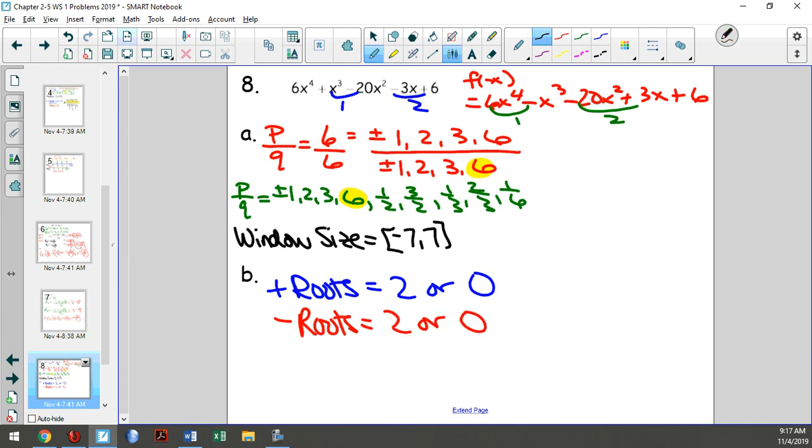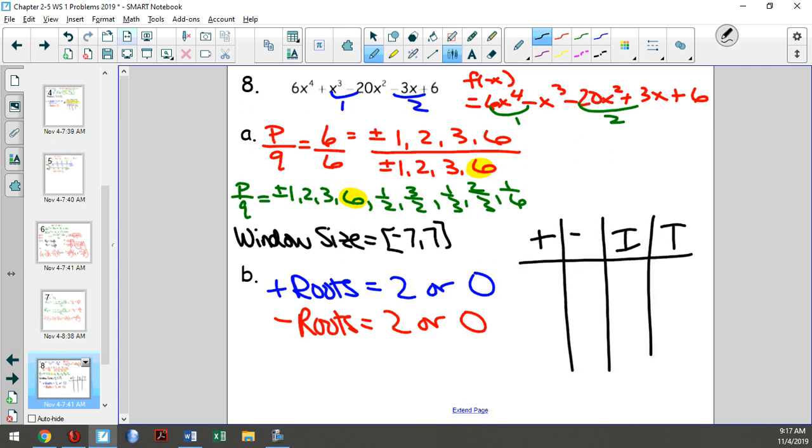Okay. Let's do our chart. Positive, negative, imaginary, total. How many total roots does this polynomial have to have? 4. Why 4? Because that is the degree of the original polynomial. And as such, you have to make sure that there's a total of 4 every time. Now, 2 positive roots can be paired with 2 negative roots. Or 2 positive roots can be paired with 0 negative roots.